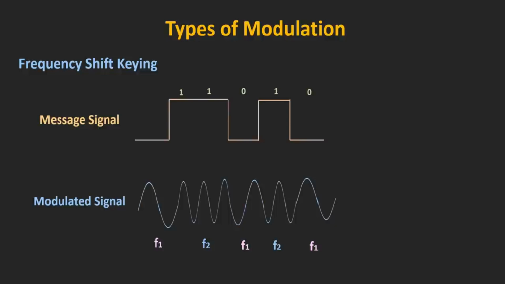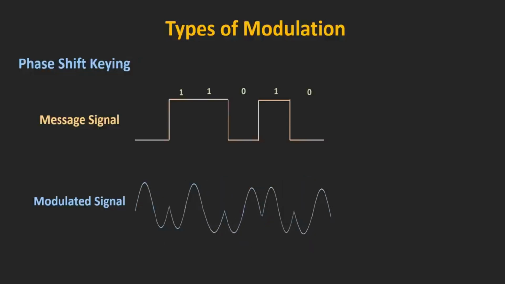Likewise, in phase shift keying, the phase of the modulated signal is changed according to the digital bit stream. In binary phase shift keying, binary 1 and 0 are represented by different phases, to be precise, 180 degrees apart from each other. So when there is a transition from 1 to 0 or from 0 to 1 in the message signal, there is a 180-degree phase shift in the modulated signal. That is a brief overview of phase shift keying.